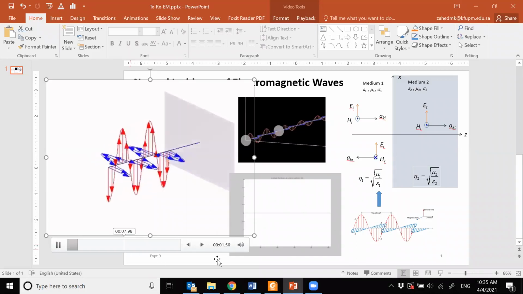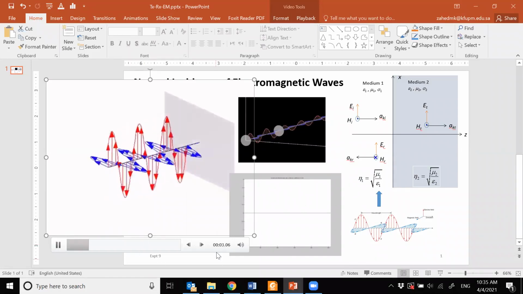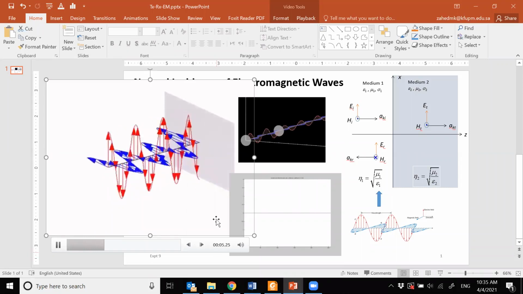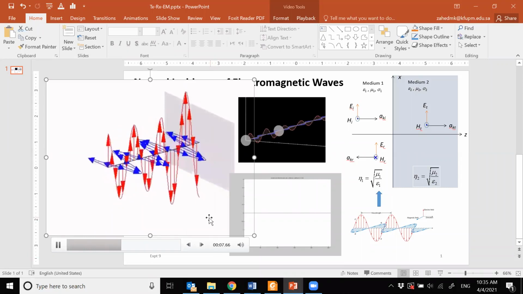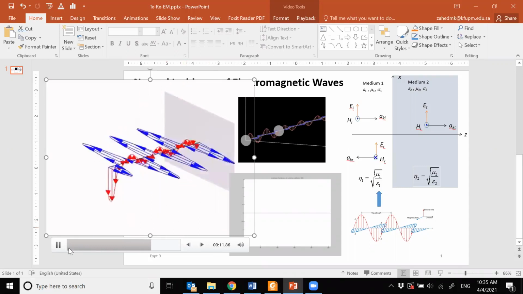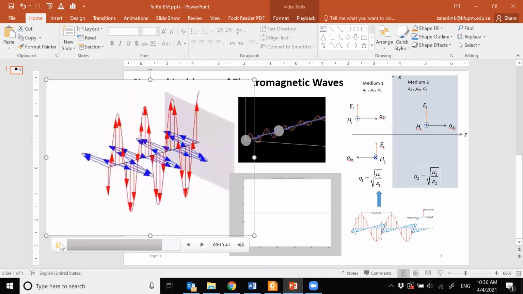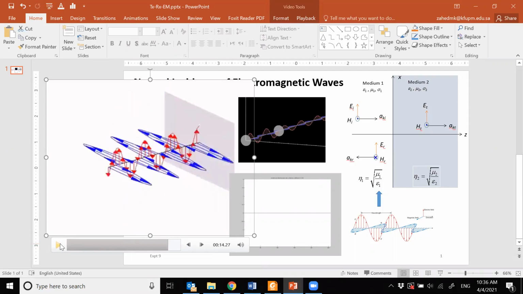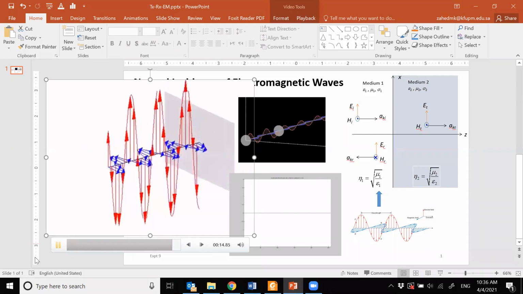It is propagating and now it is completely reflecting back. And after some time, can you notice our electric field and magnetic field now? Are you able to see my sine waves traveling now? No. See here, they are just dancing.